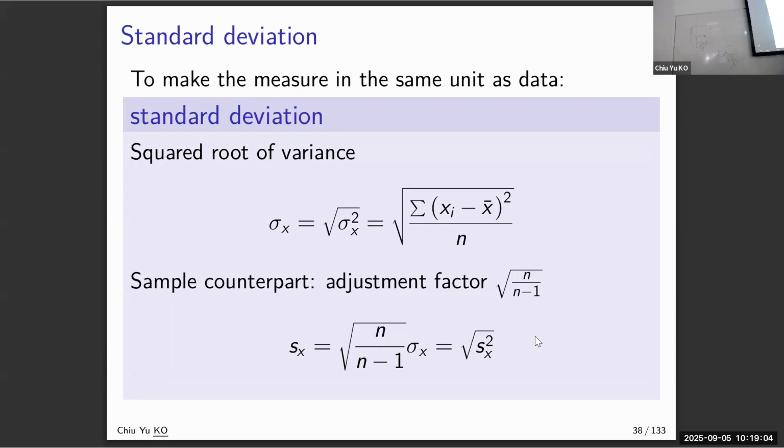Suppose you are measuring length, which is in cm. The variance with a unit of cm squared becomes an area, which makes no sense in many cases. So that's why we take a square root to make cm squared back to cm. So everything looks nice, though it doesn't really matter, but I just let you know.